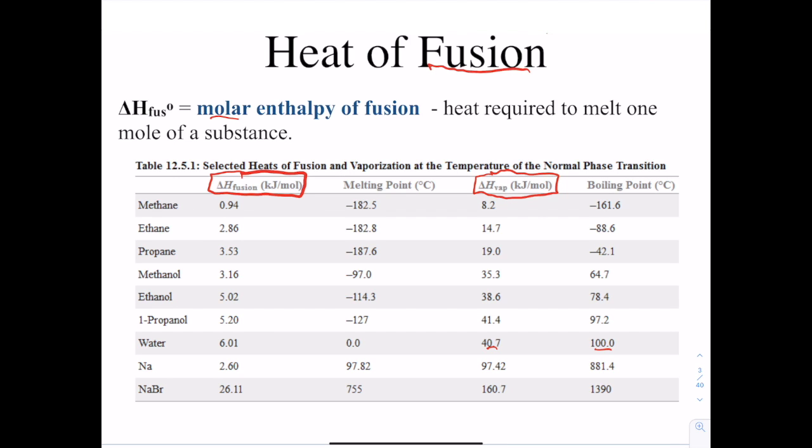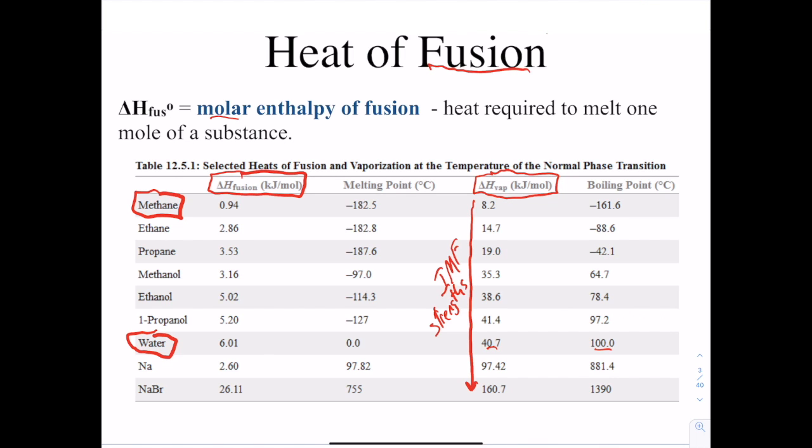So in this table, the substances are organized in increasing heat of vaporization values, which also indicates the intermolecular force strengths. Of course, you can see that methane, for instance, is a small molecule, non-polar, only London dispersion forces. Water, similar size molecule, similar molar mass, hydrogen bonding.